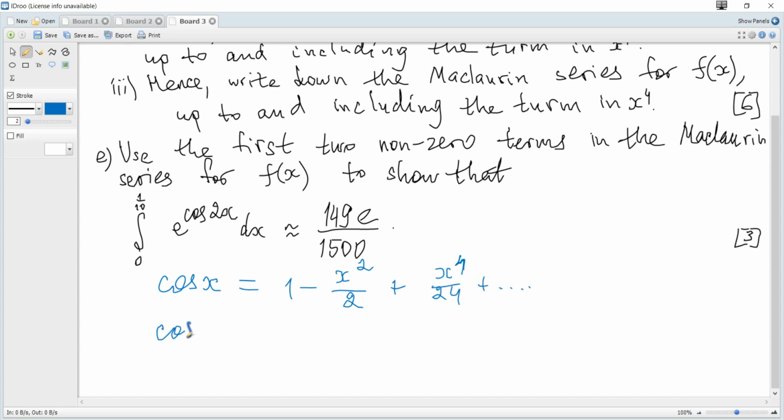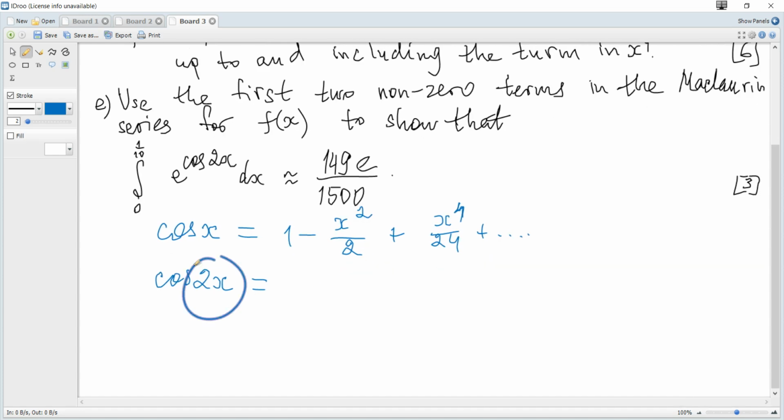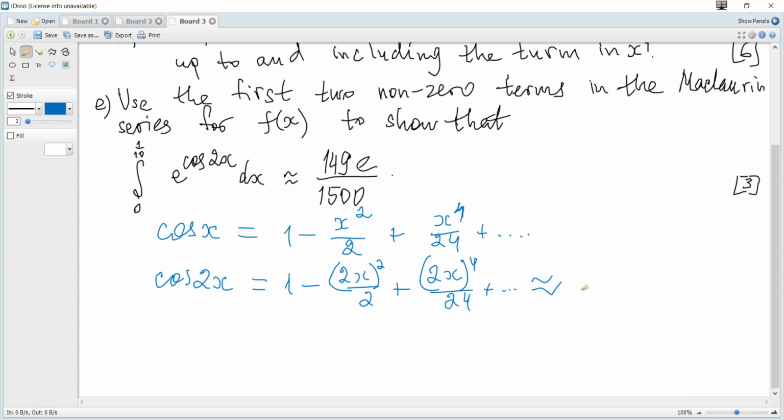Hence, cosine of 2x, we just substitute this argument for x into the formula of cosine. It may be absolutely any argument in general, so it becomes 1 minus 2x squared over 2 plus 2x to the power of 4 over 24 plus so on.